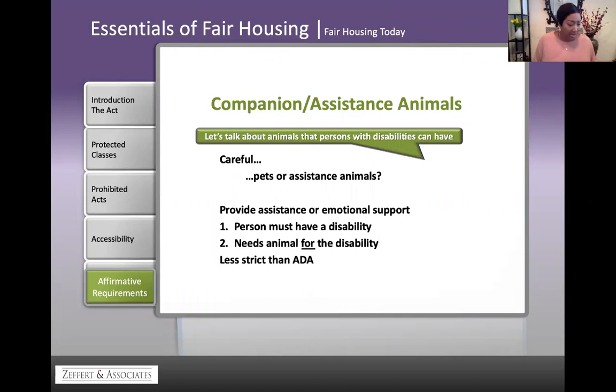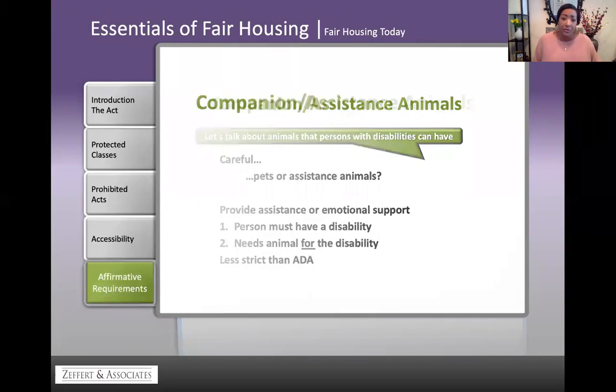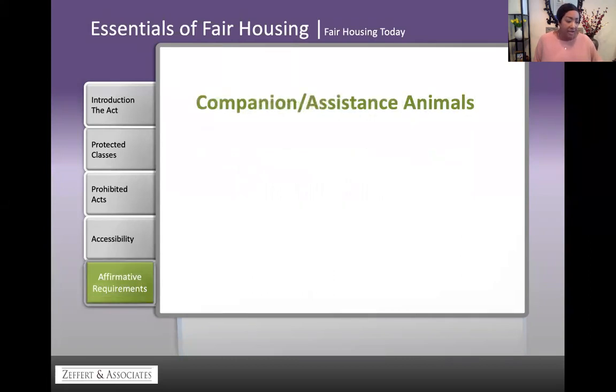At the very bottom of page number 14, it says assistance animals are often referred to as assistive animals, support animals, therapy animals, companion animals. They are all the same with regards to that category, companion assistance animals.